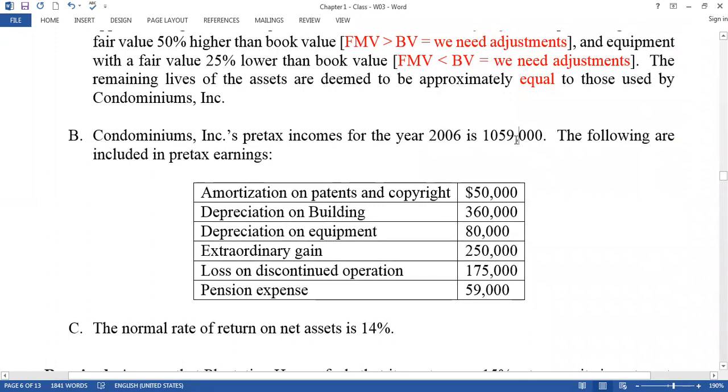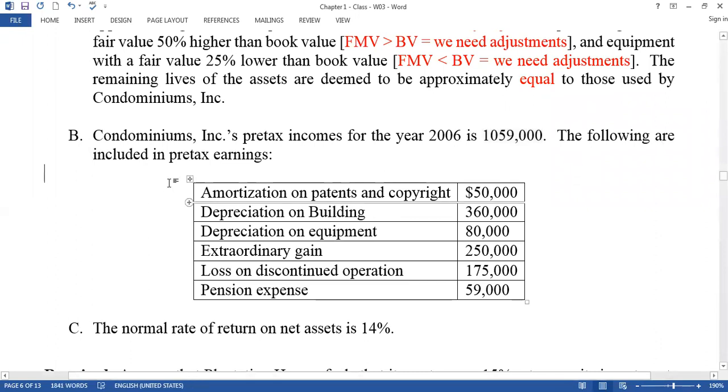We may have the last 5 years of data, or the last 10 years of data. In this question, they tell us that we have their pre-tax income information for 2006. We have only 1 year of data here, but your future question may not be 1 year, maybe 2 or 3 years, or 5 years.